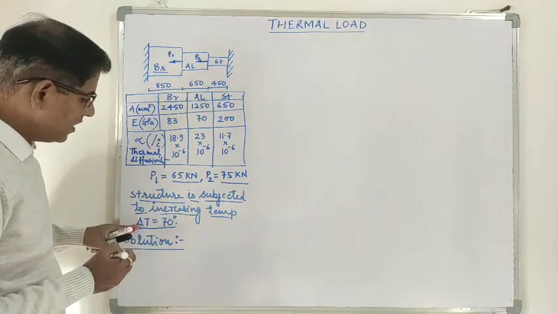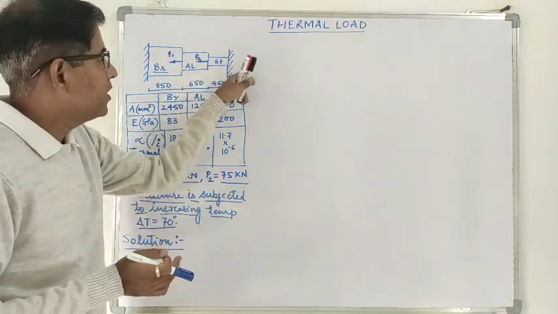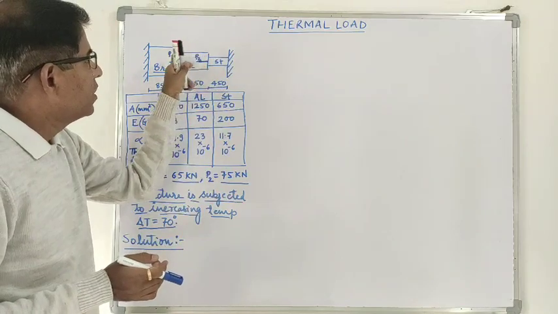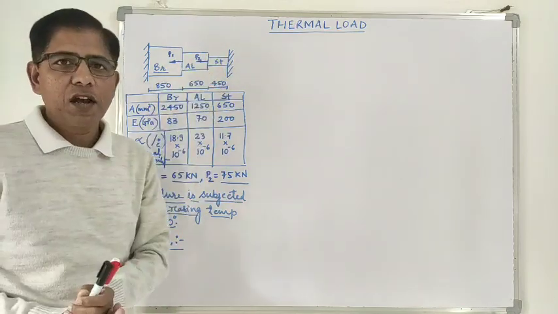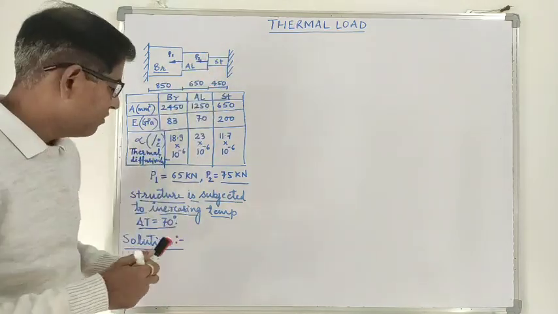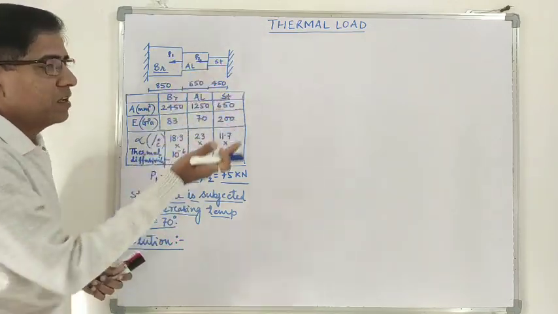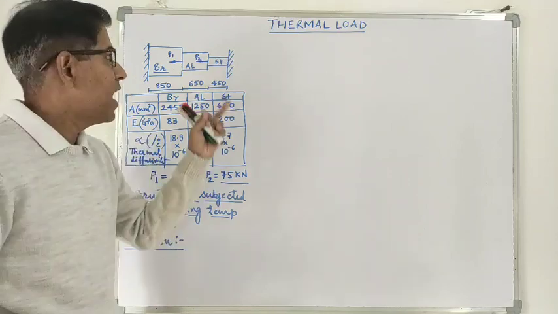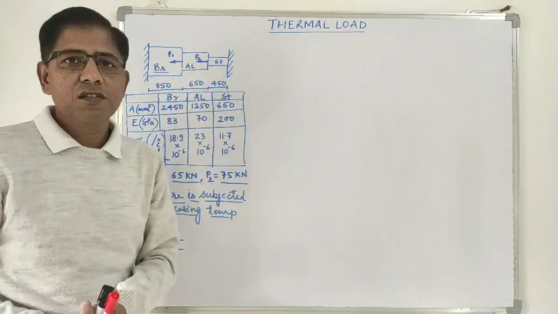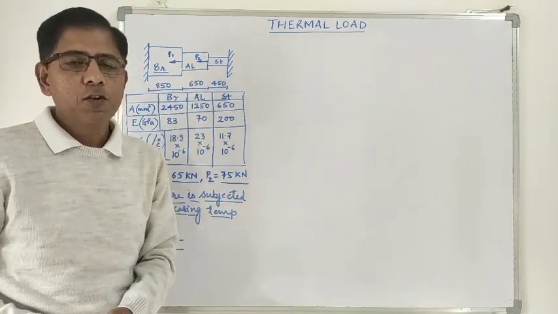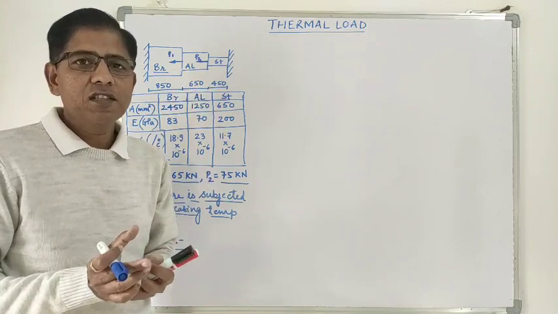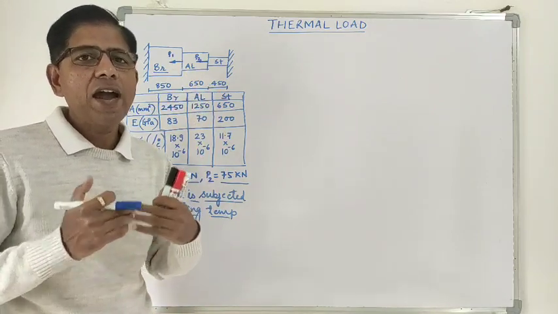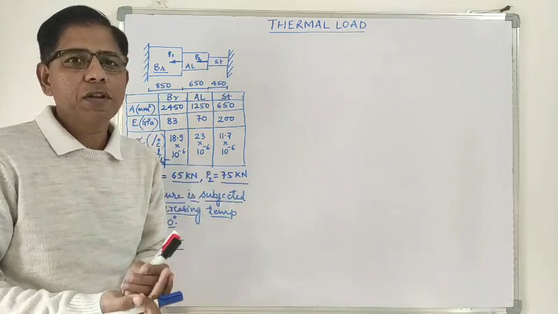This delta T is the difference between the ambient temperature and the temperature of the step shaft, meaning the ambient temperature is 70 degrees higher than that of the step shaft. So the step shaft system is exposed to a high temperature.